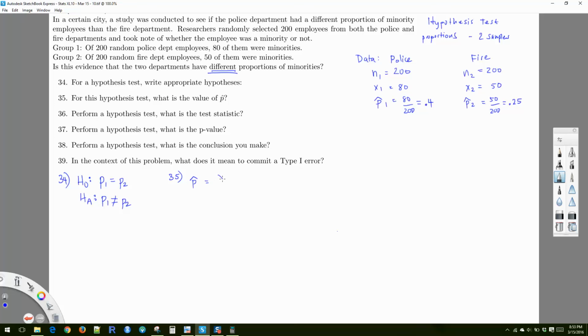P hat is going to be x1 plus x2 over n1 plus n2. So I've got 80 plus 50 divided by 200 plus 200. So this gives me 130 over 400. What is that? 0.325.